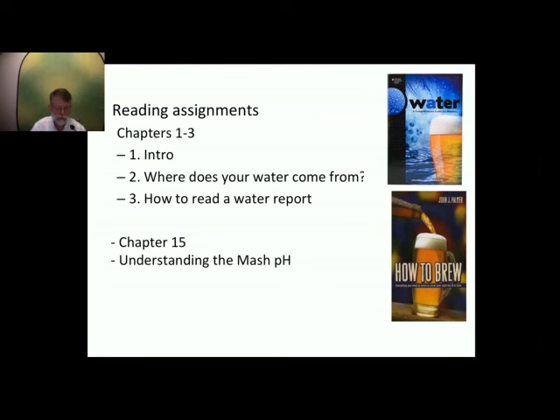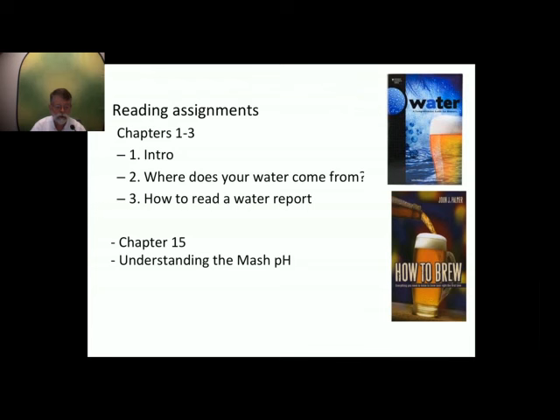So, some reading assignments. Here are the two textbooks again. When I start talking about water as an actual brewing ingredient, I'll be talking about the first 3 chapters in John Palmer's water book: the intro, where does your water come from, and how to read a water report.